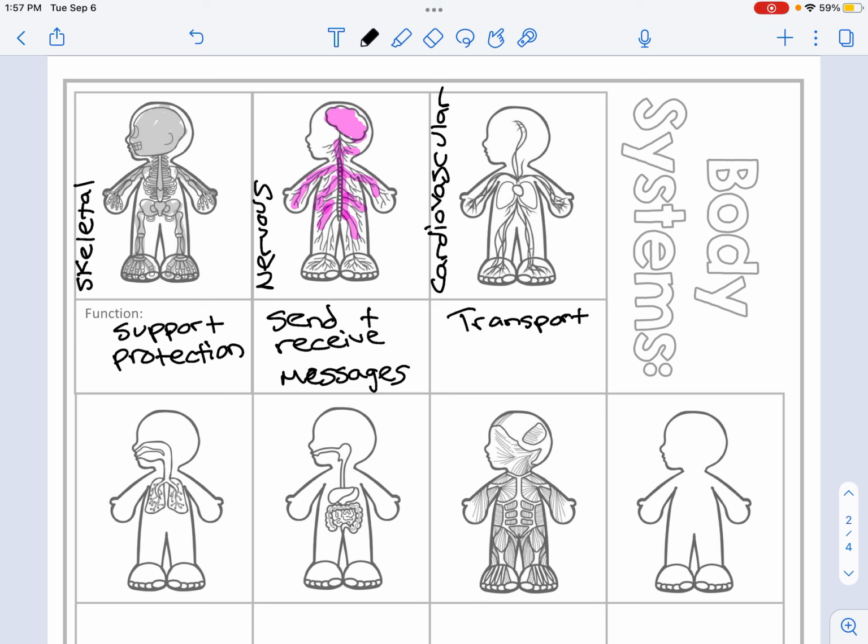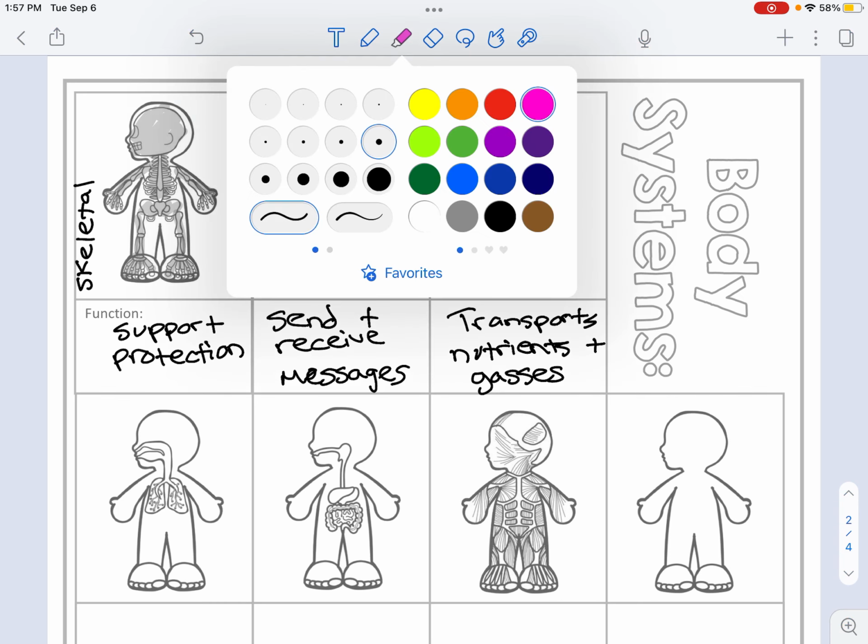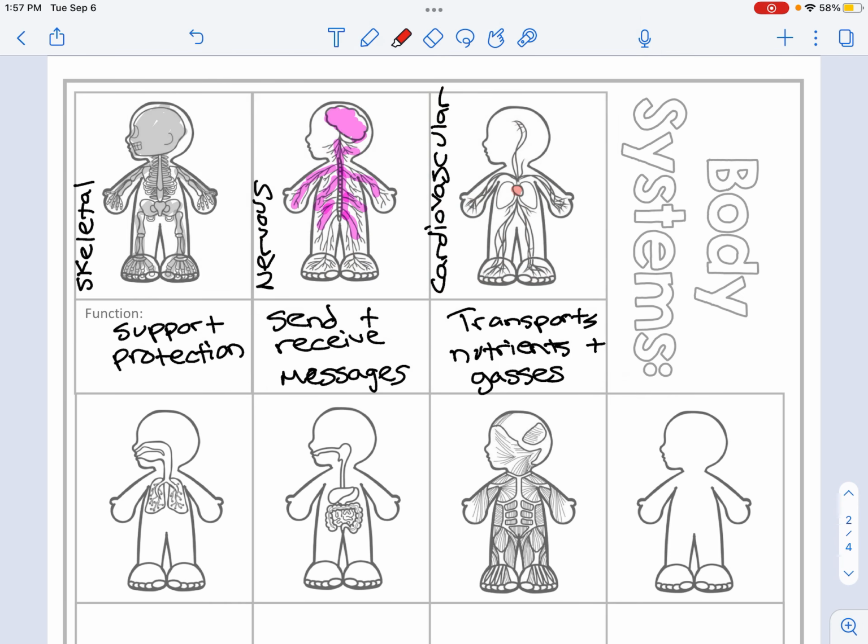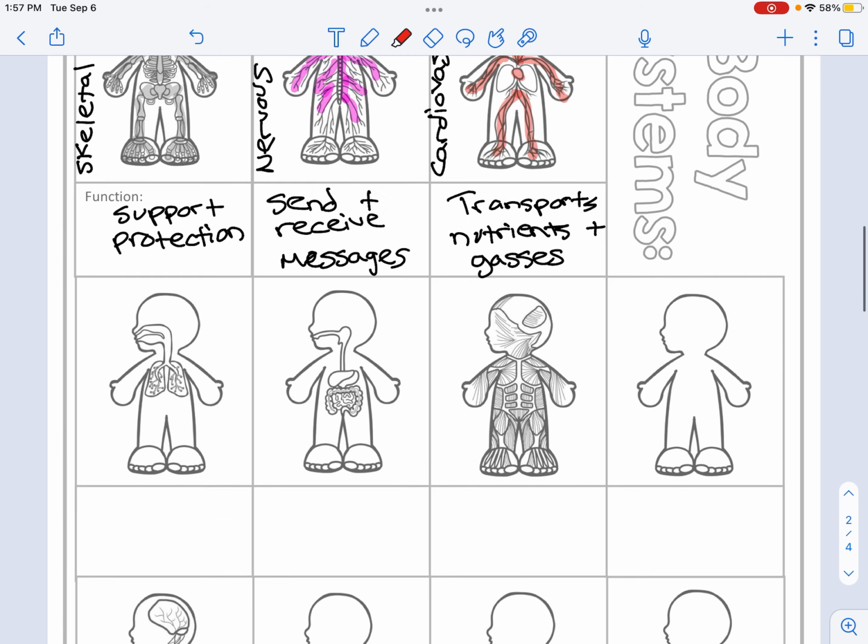The cardiovascular system transports nutrients and gases. I pick red because heart. Why not? You could really put the cardiovascular system in any of these systems because it interacts with all of them.